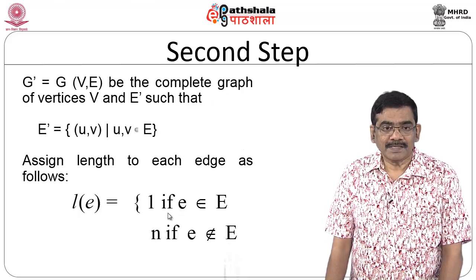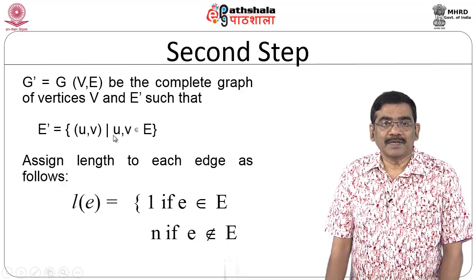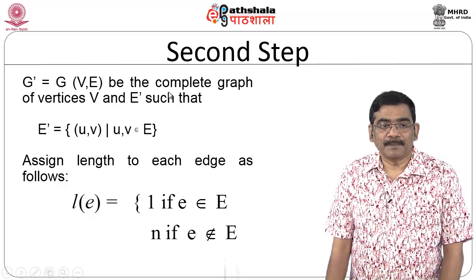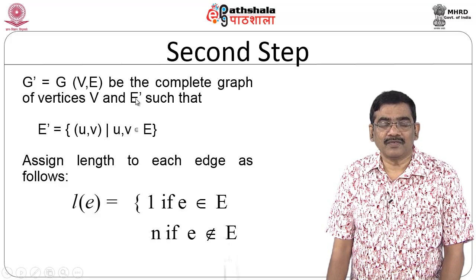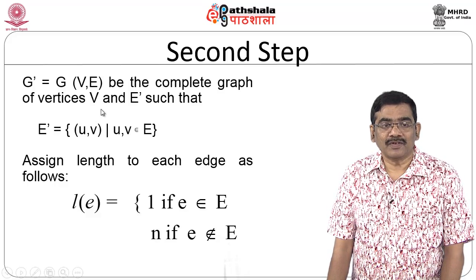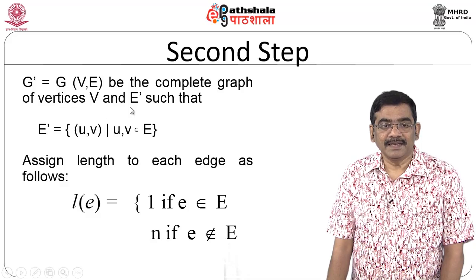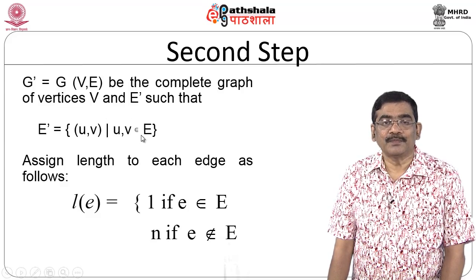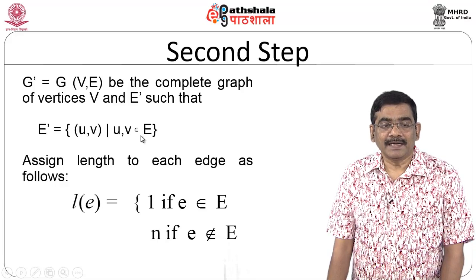So, in other words what we are trying to do is construct G prime, which is going to be a complete graph on all vertices V. All the original vertices of the original graph are retained, and if there is an edge in the original graph, then it is also an edge in G prime, and we are going to assign the length like this.